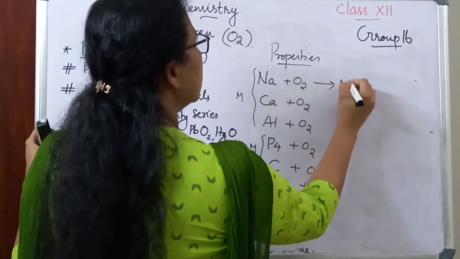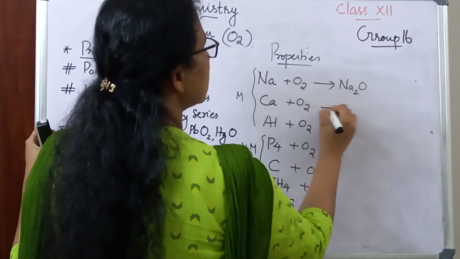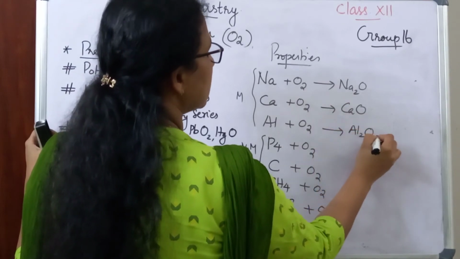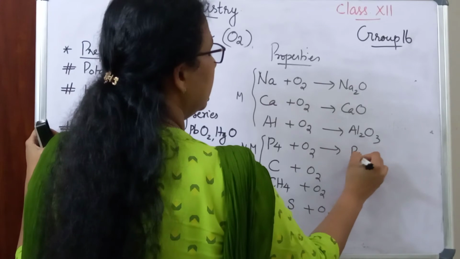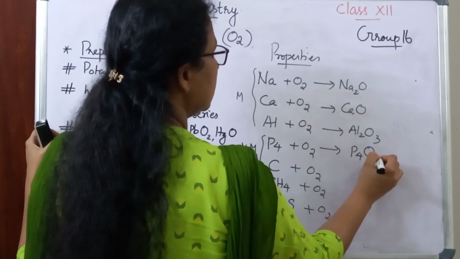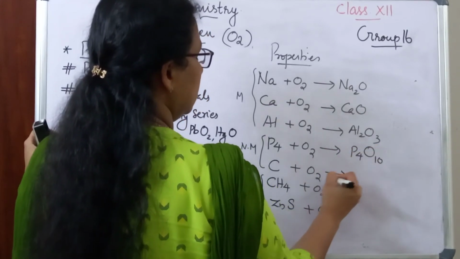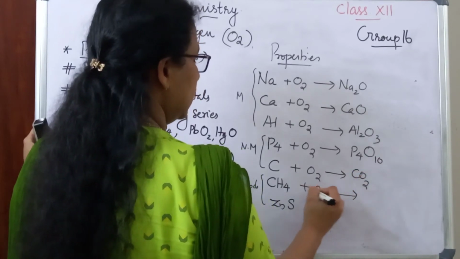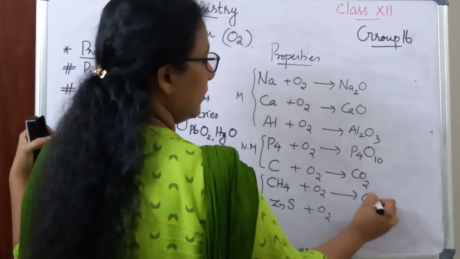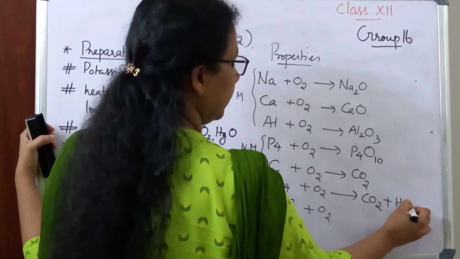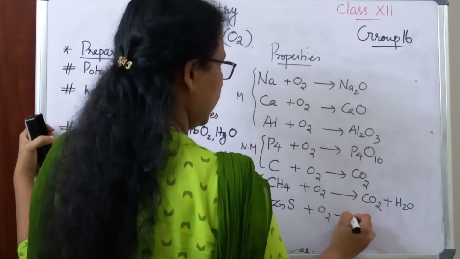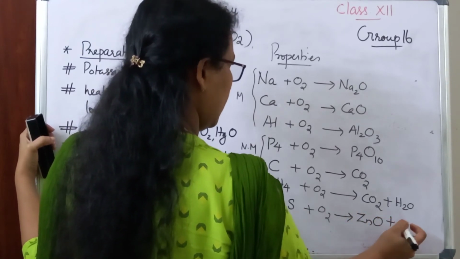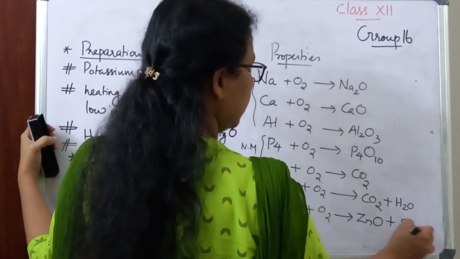In this case Na2O, sodium oxide, is formed. Here it is calcium oxide. Here it is aluminium oxide. In this case it will be P4O10. Then here it is CO2. Here it is carbon dioxide and water. Here it is zinc oxide and sulfur dioxide.